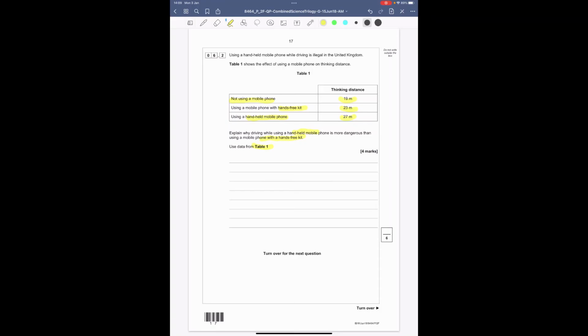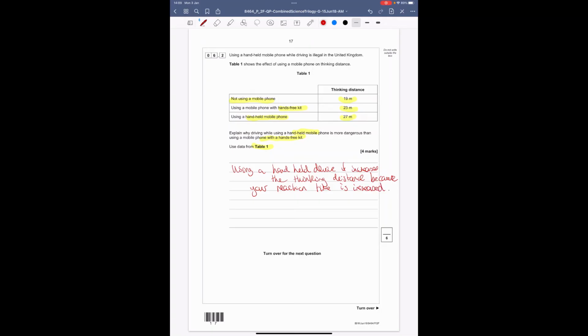Well, this is quite simple and quite obvious. If you're using a handheld device, it increases the thinking distance because your reaction time is increased.